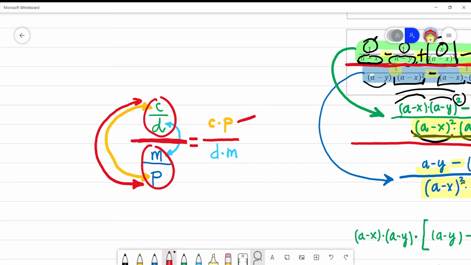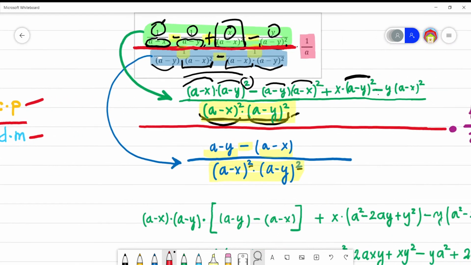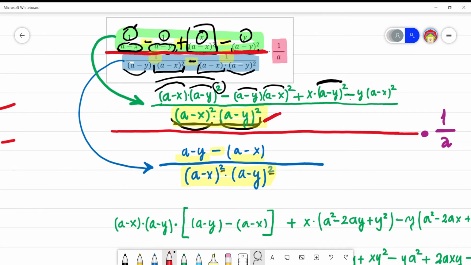C times P. The middle ones, D and M, produce you the total denominator. There you are. So taking this general rule for fractions, because you see there are the same factors, later on they will cancel. So don't worry.